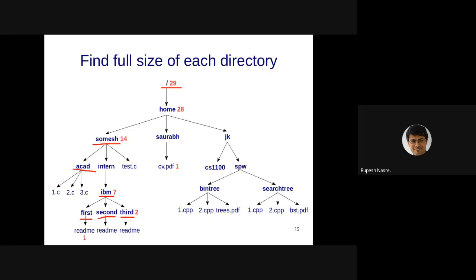Mayank says root equals null, return 0, total equal to 1 for root. For each child in root dot children, total plus equal to compute of child, return total.